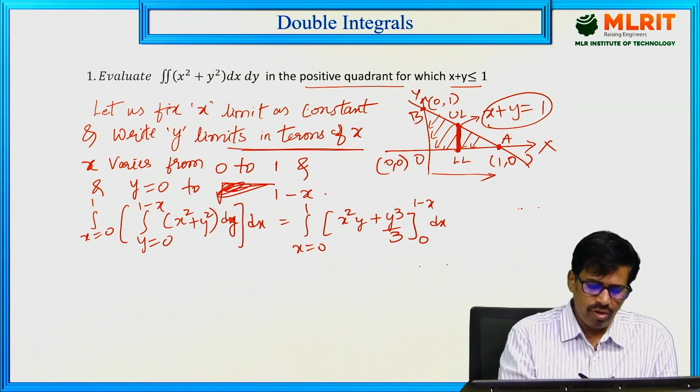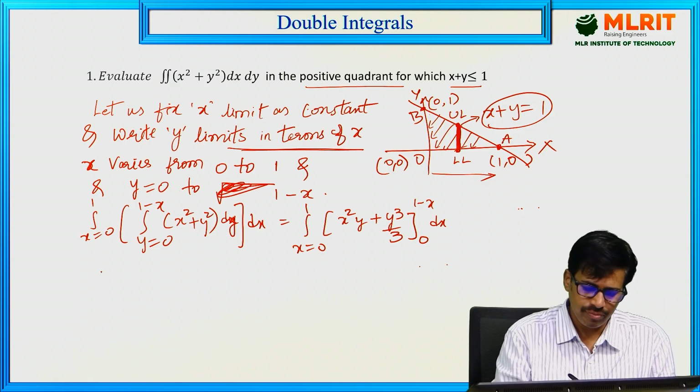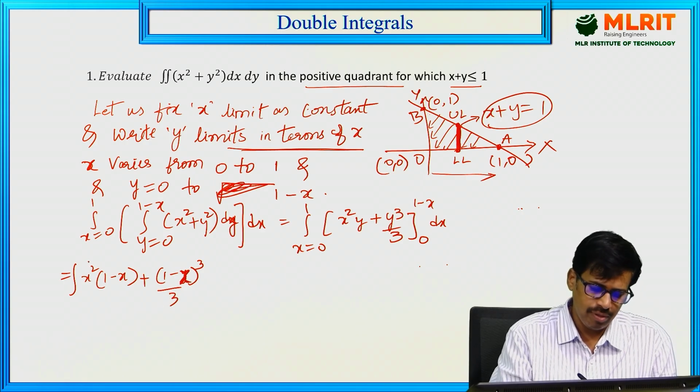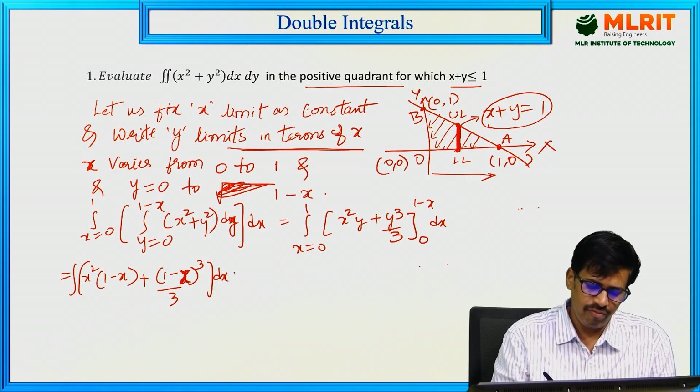So if you integrate this, x square into, in place of y write down the upper limit, plus 1 minus x whole cube by 3, complete integration dx, x equal to 0 to 1.